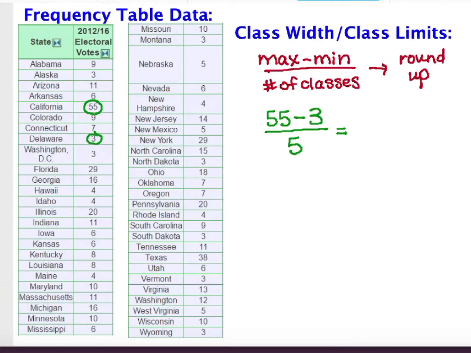So we've got 52 divided by 5, which comes out to 10.4. And we don't just round that, we round it up. So we are going to round that to 11. So we would say that the class width is 11.